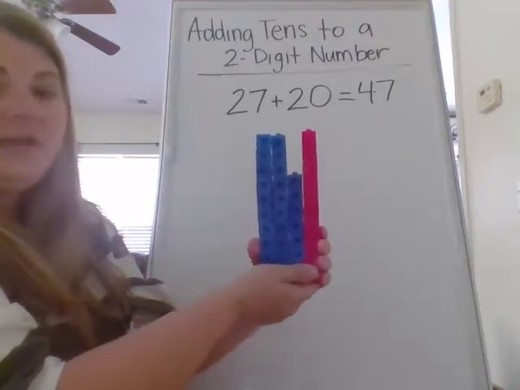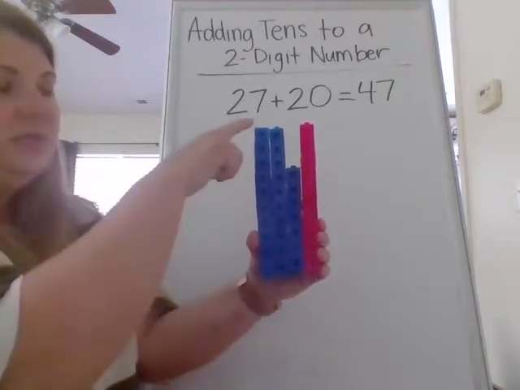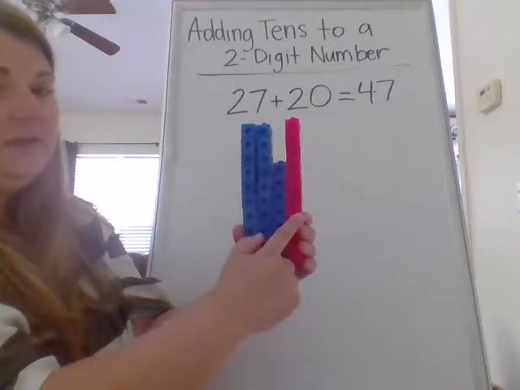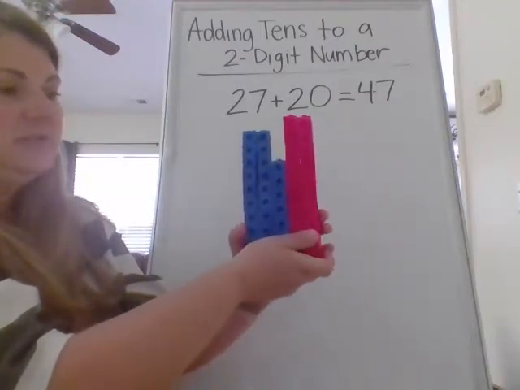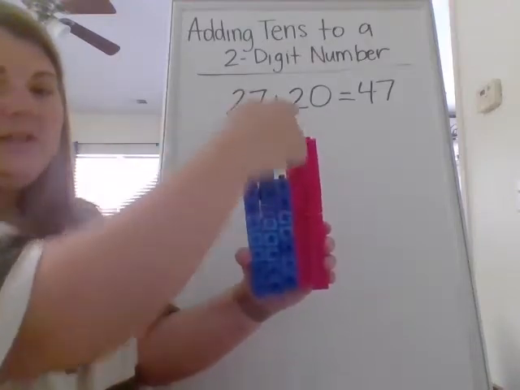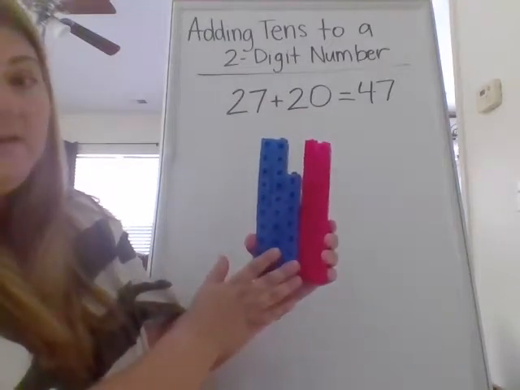So what do we have now? 27 and one of those tens. 10, 20, 30, 7, 37. And let's add another 10. So now we have 30, 40, 47, okay? So did we get 47 again?